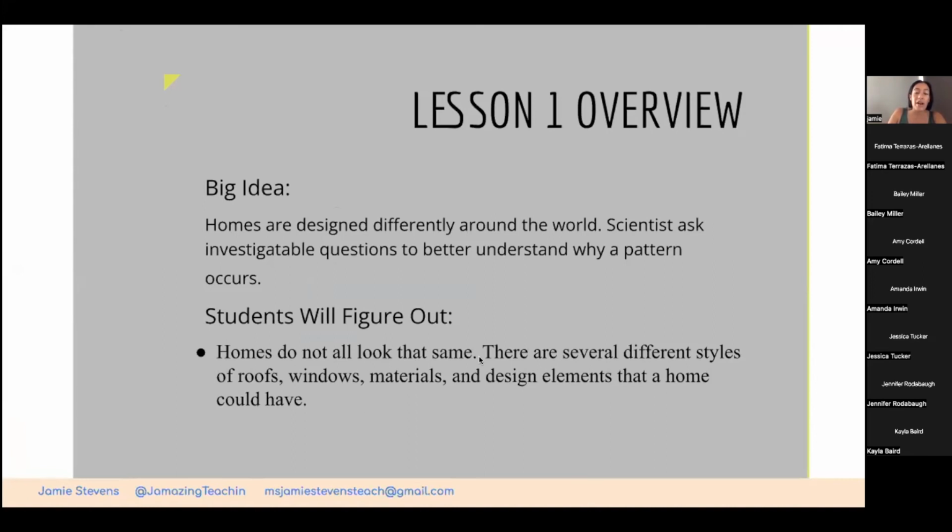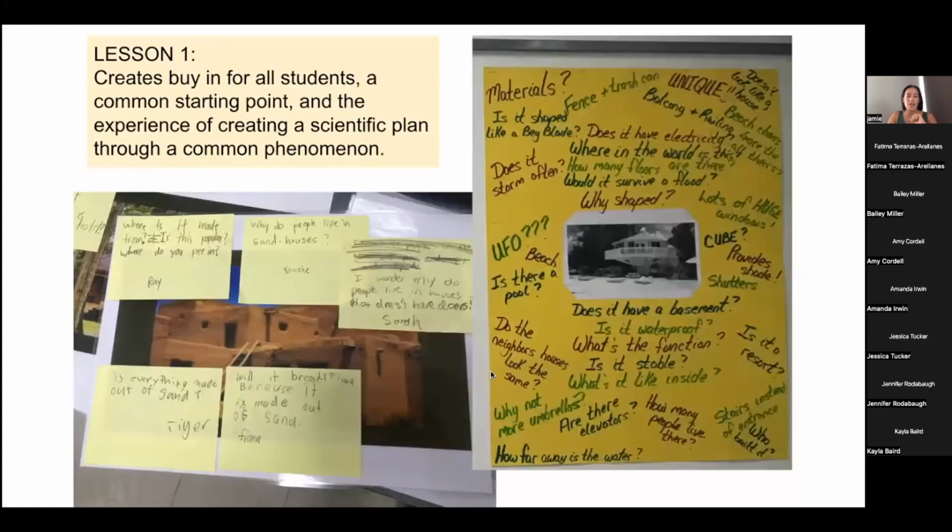They'll figure out that not all homes look the same, and there are several different styles of roofs, windows, materials, and design elements that a home could have. This is that starting point of getting them into that driving question board and ready to be in that science mode. This is where we get the buy-in from all the students we talked about last time, and a starting point that we all have in common together.